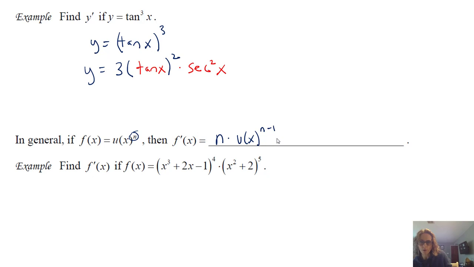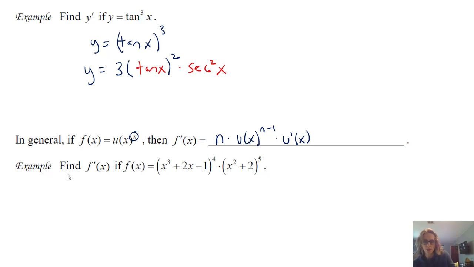So this is often thought of as the generalized power rule because it does work for any of the functions of this type. And then of course you still have to multiply by the derivative of your u. So there's a lot of multiplication symbols there that you wouldn't necessarily need, but I'm just trying to spread it out and show it.